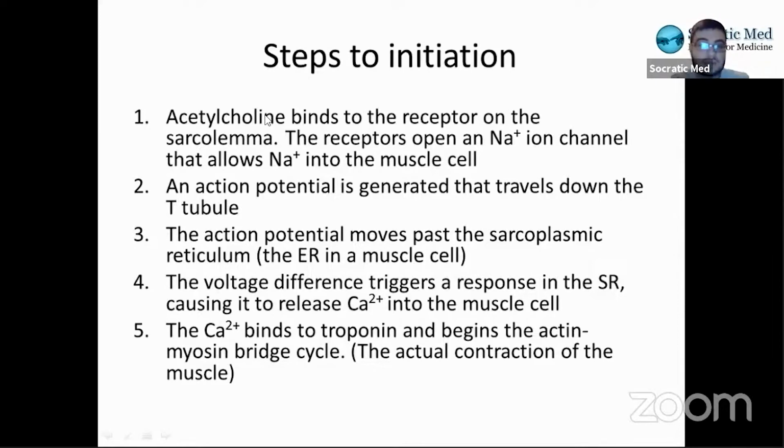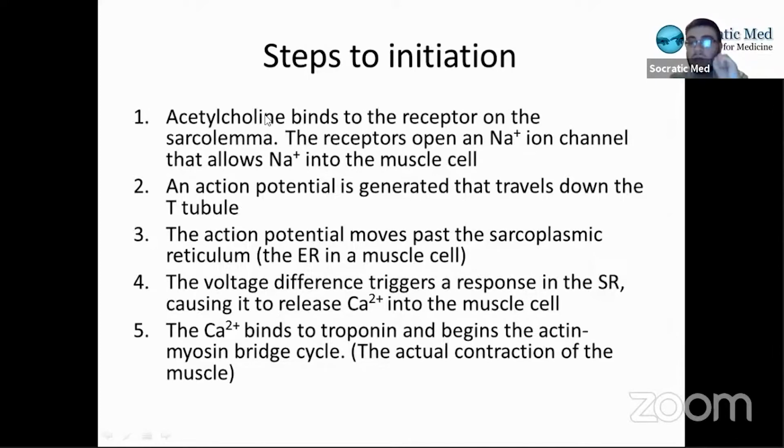Eventually, the action potential moves past the sarcoplasmic reticulum, which is the ER in a muscle cell. And when it moves past it, it depolarizes it as well, and the voltage difference, the depolarization, triggers a response in the SR, causing it to release calcium into the muscle cell. Normally the SR contains a lot of calcium, it's like a storage space for calcium in the muscle fiber. When the action potential passes by it, the voltage difference causes it to release some of the calcium outside, right?